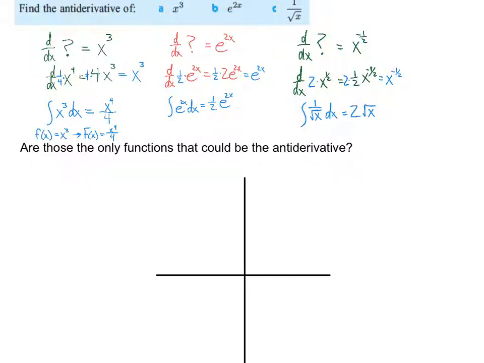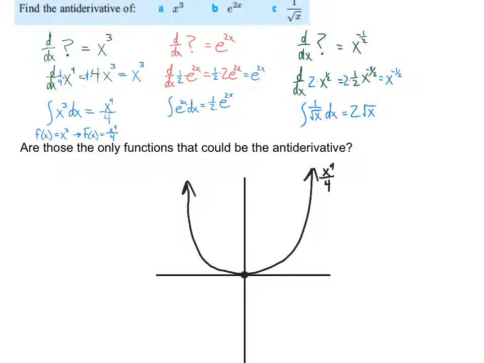Okay, x to the 4th over 4, the original function, has a quadruple root at 0, and it's stretched way out, so it goes like this. Here's x to the 4th over 4. Now, I know that the derivative of x to the 4th over 4 will give me x cubed.